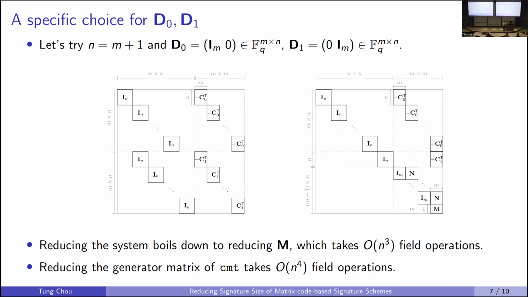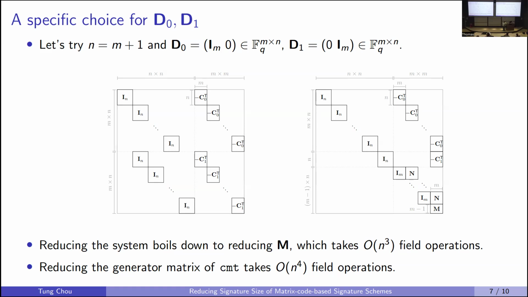We show in the paper that the resulting system is going to look like the picture on the left. And with some row operations, you can bring it to the picture on the right. You can see that the system on the right is almost in row echelon form. And the only thing that we need to deal with is the big M matrix on the bottom right.